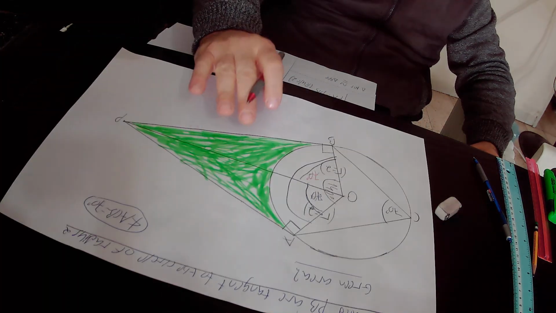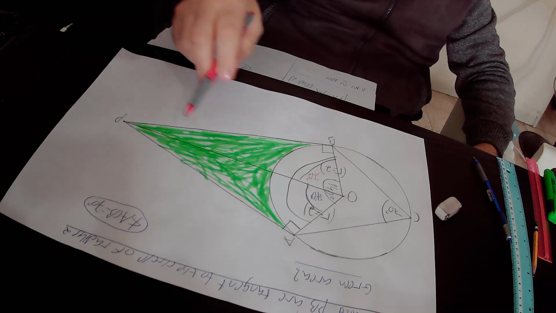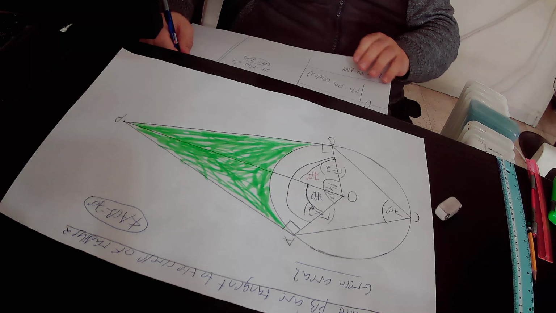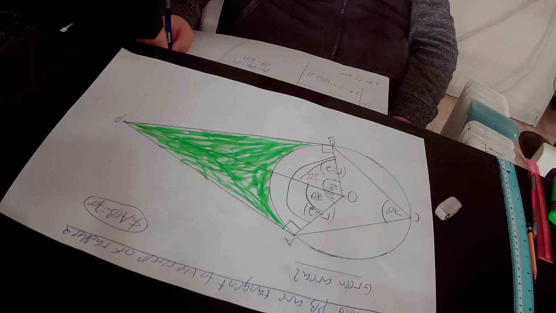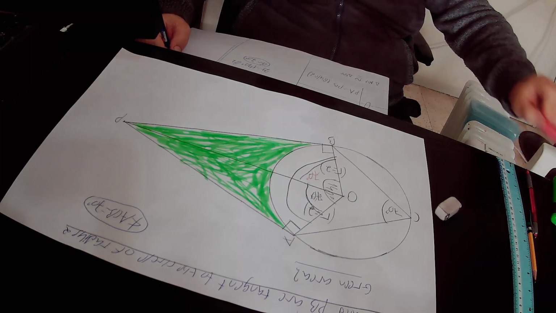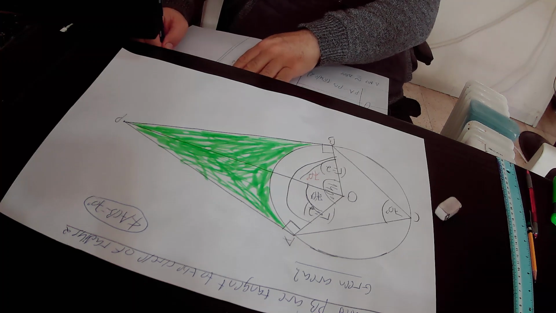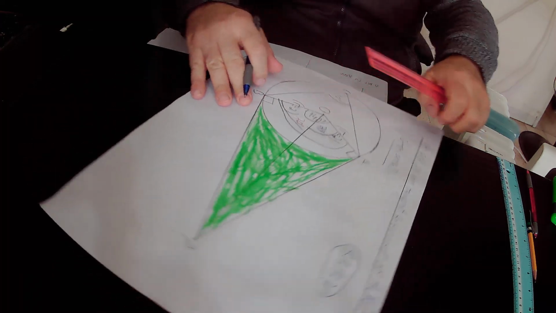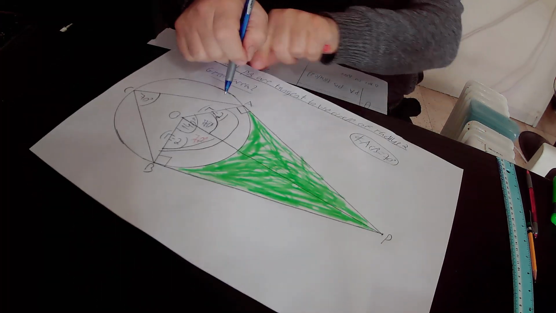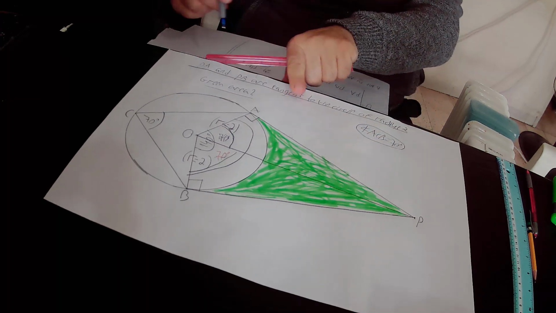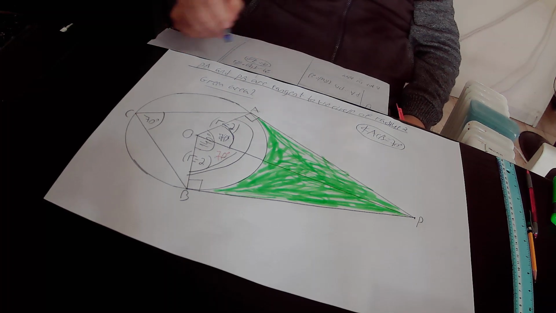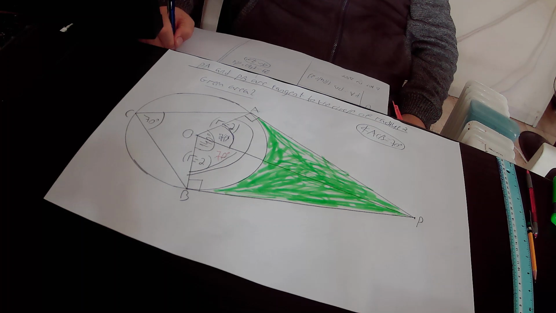So in the next step, we'll focus on the right upper triangle AOP. In the right upper triangle AOP, it is very easy to see that tangent 70 degrees is equal to AP over AO.